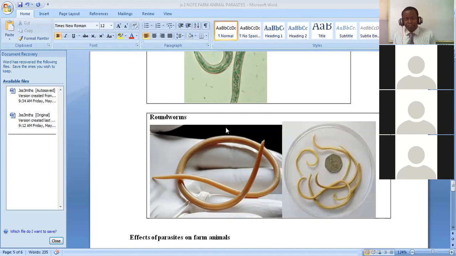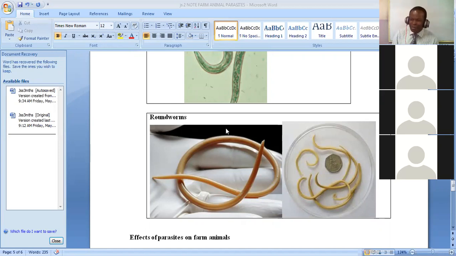So one, the host will be maybe getting leaner. Not only that, another symptom is coughing, maybe because some of those parasites can occupy the lungs or the trachea, so that the host may be coughing. That's another symptom. Not only that, some of these adult parasites will come out in the feces of the animal if they occupy the digestive system.